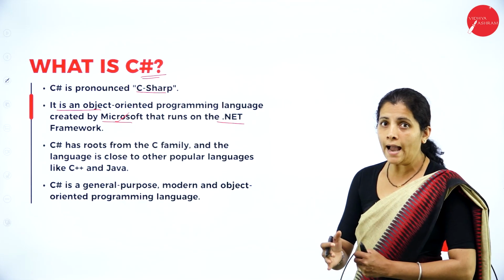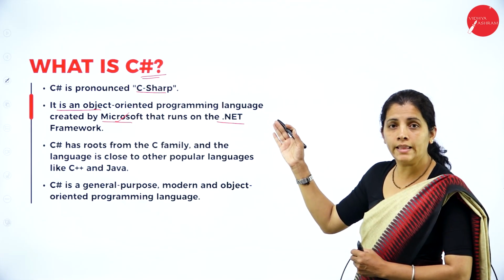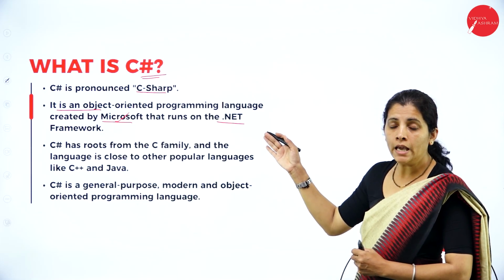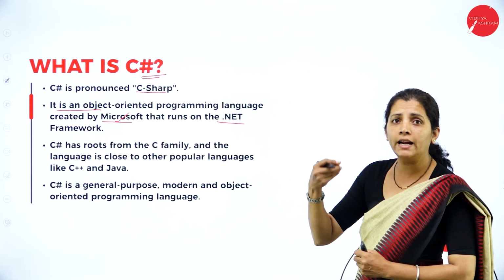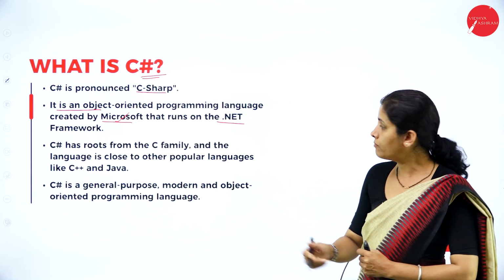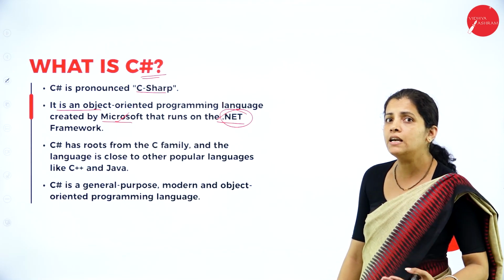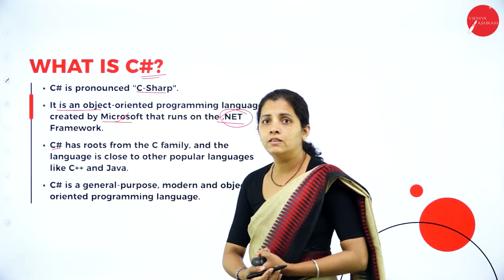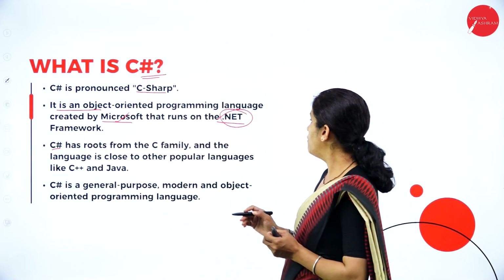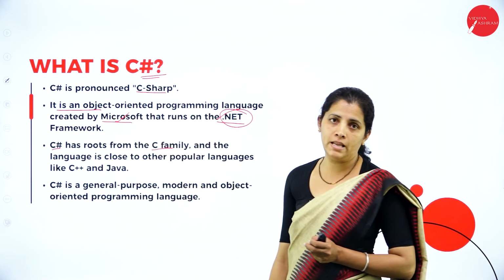Like C#, then VB, ASP, ADO. These are the different kinds of programming language. But what is the platform? I'm using a single framework. So this C# mainly originated from, or belongs to, the C family.